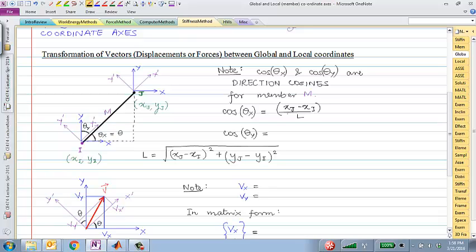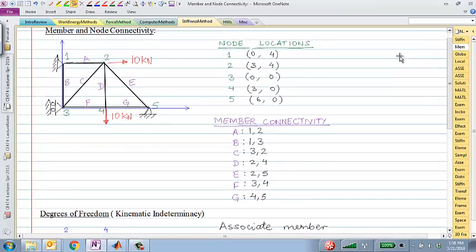And basically, purely from the description of the problem, xj and xi are known to me, right? You remember we talked about this nodal description. So for example, for 2, 3, node 2 has x component 3, node 3 has x component 0. So if I do 3 minus 0 divided by 5, that's the cosine theta of that angle.